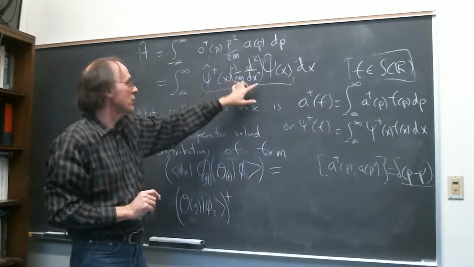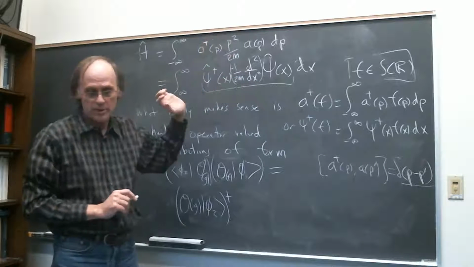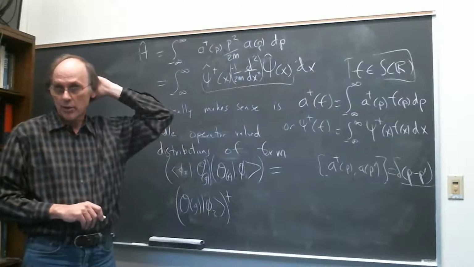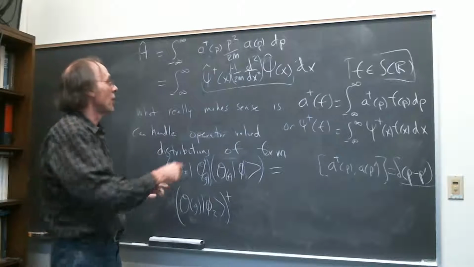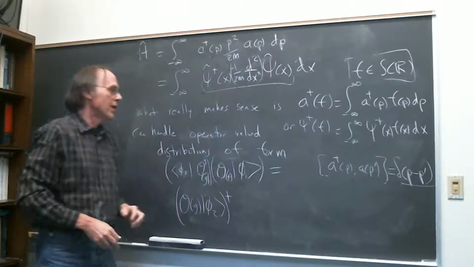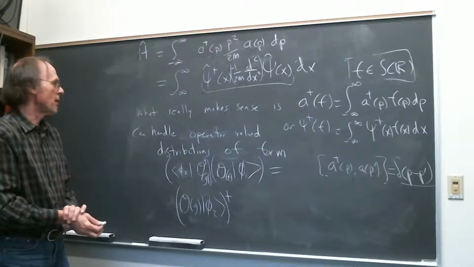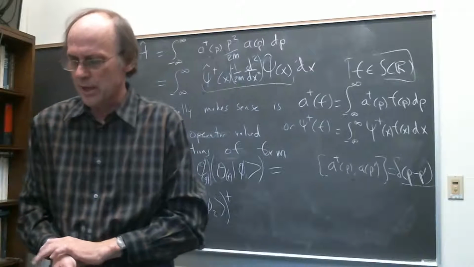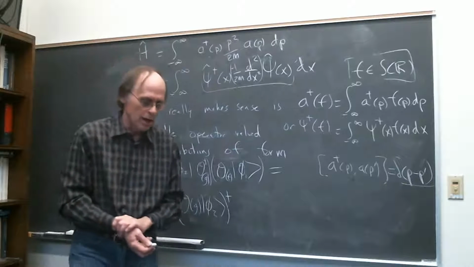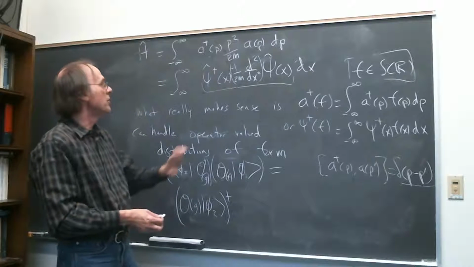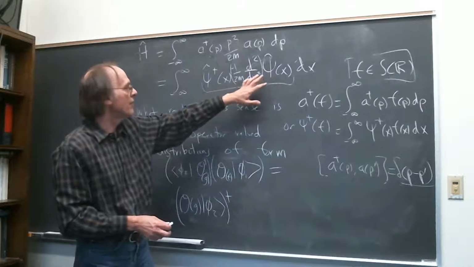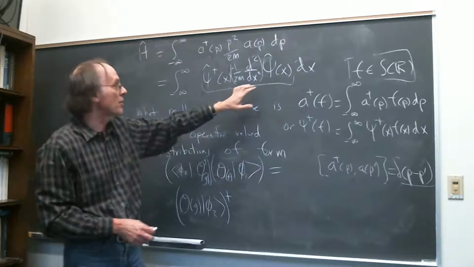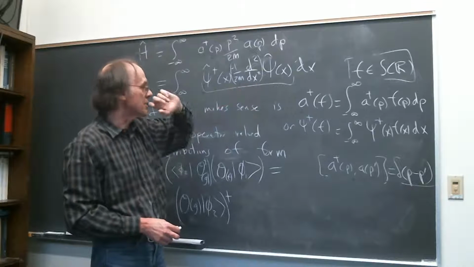And one reason for writing these formulas this way is they look very much like corresponding classical things. If you think of a corresponding classical theory, and I think maybe this is something I never said as much about as I should, you can think of there as being a corresponding classical theory to this.